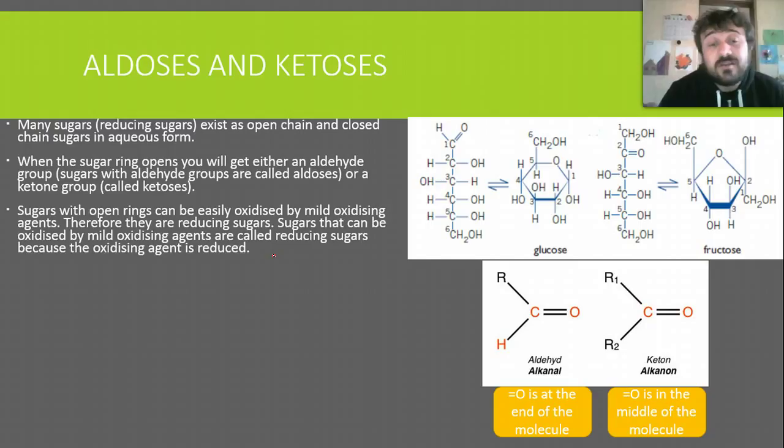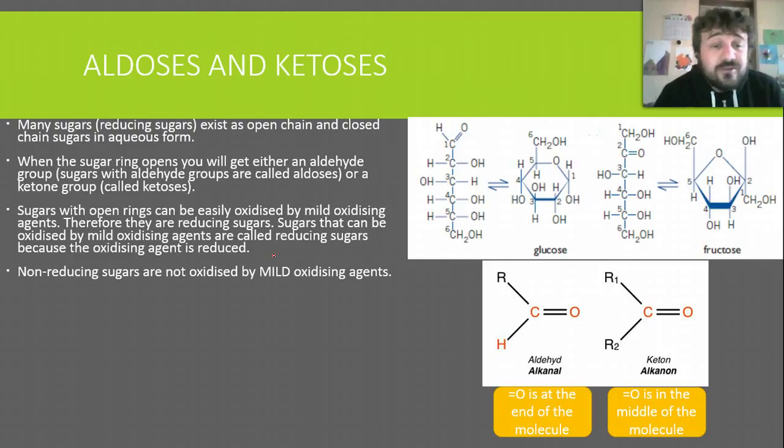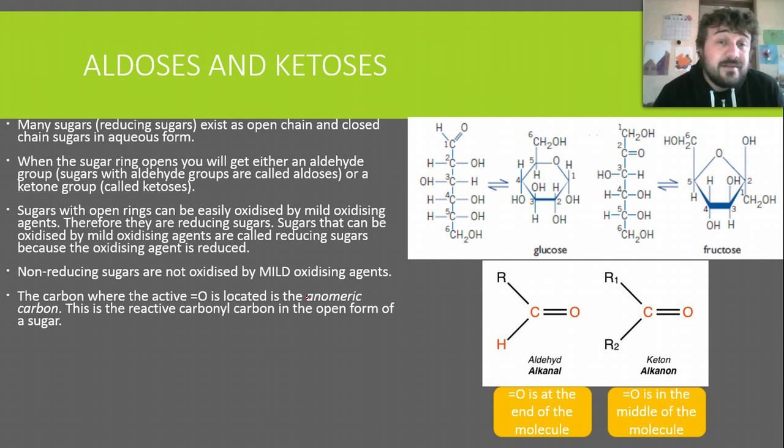So sugars that can be oxidized by mild oxidizing agents are called reducing sugars. Non-reducing sugars are not able to be oxidized by mild oxidizing agents. You can still oxidize them, but not with mild oxidizing agents. The carbon where the active carbonyl group is located is the anomeric carbon.